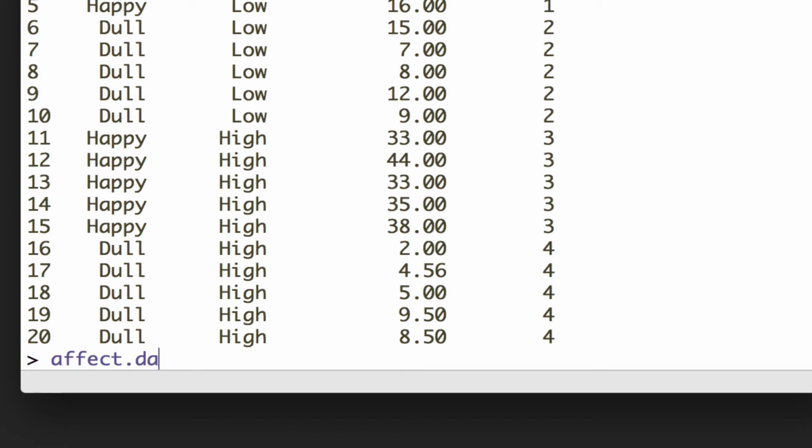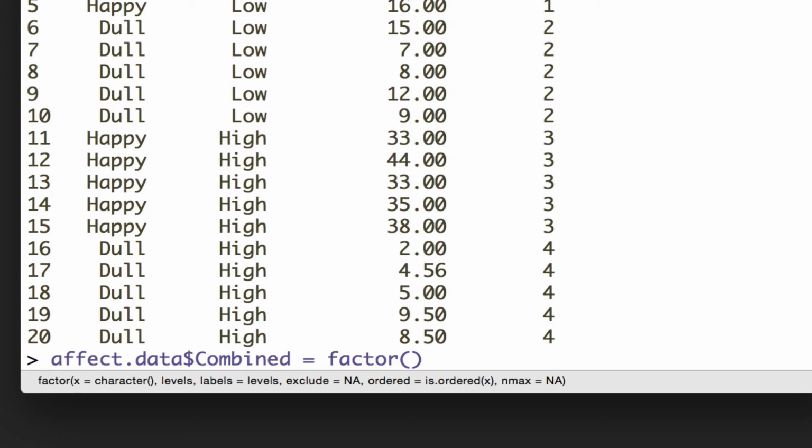So I'm going to say affect.data combined equals factor, and the first parameter it's going to take is what information do you want to use to compute the factor.